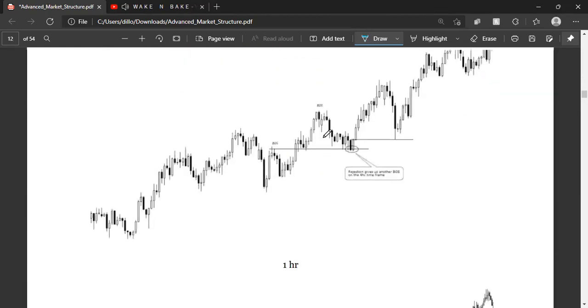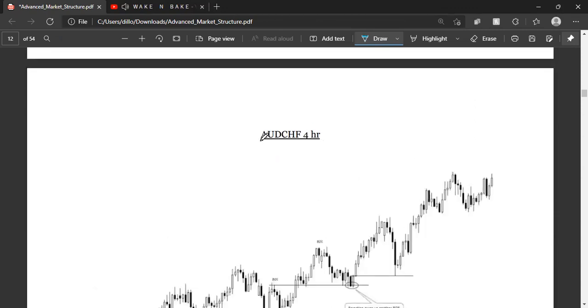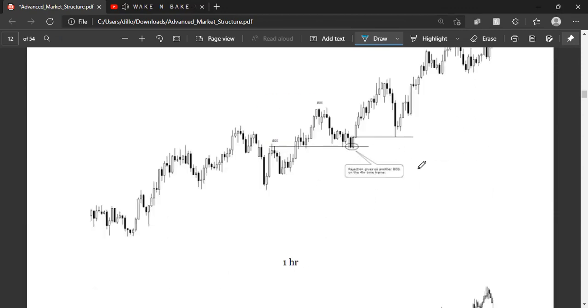Very nice. We got AUD CHF now on the 4 hour. What do we see? A shift in market structure right here, and a break of structure to the upside.